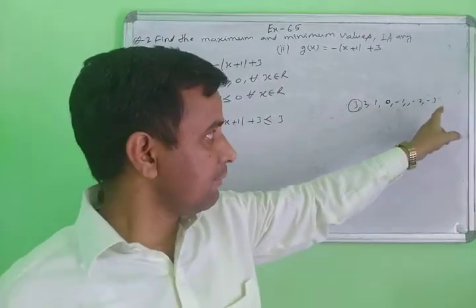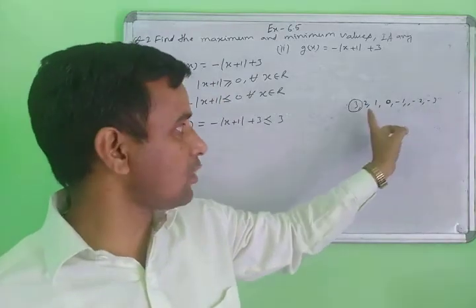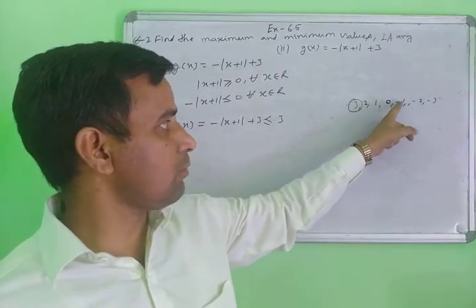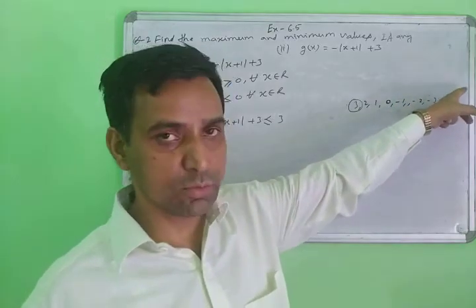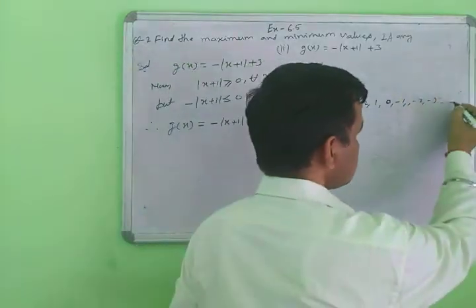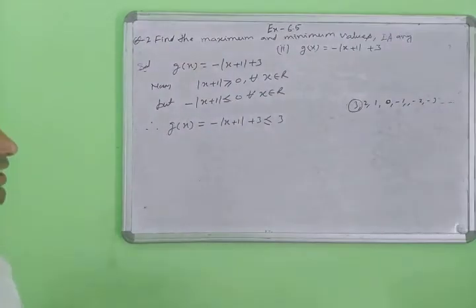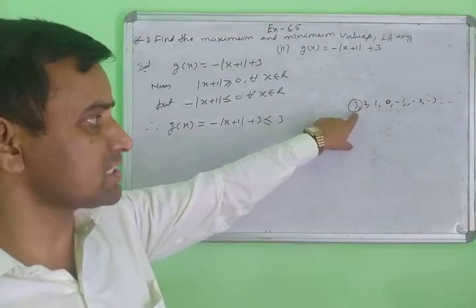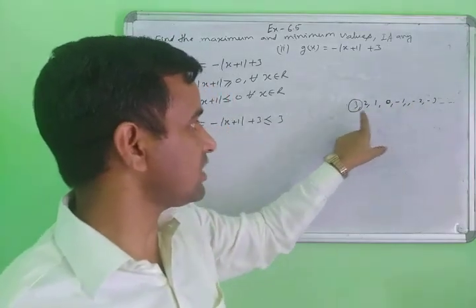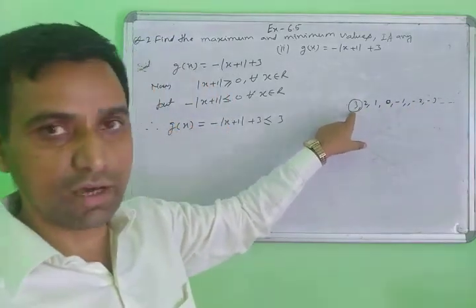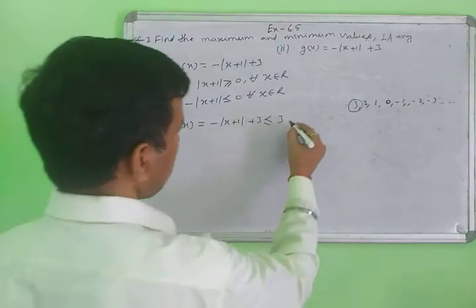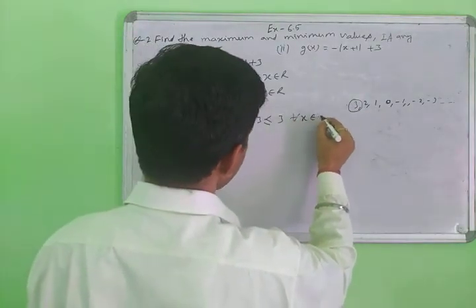This is not the minimum value, this is the maximum value. Comparing -2 and 3, 3 is greater. So 3 is the maximum value for every x belonging to R.